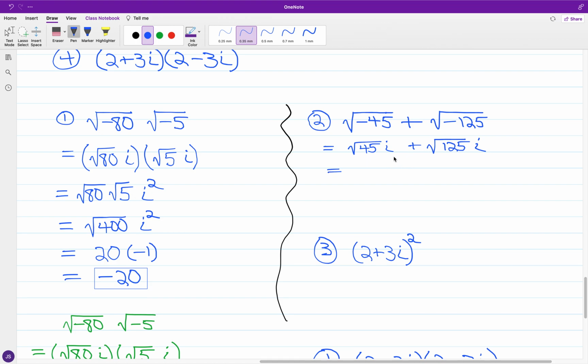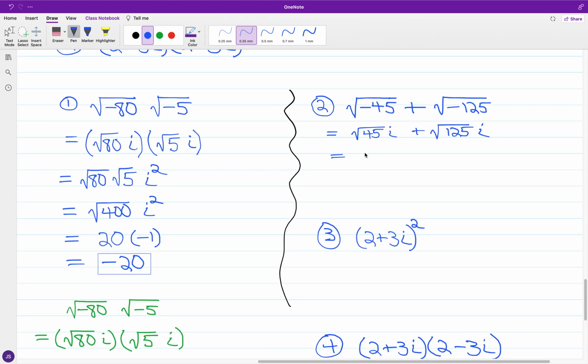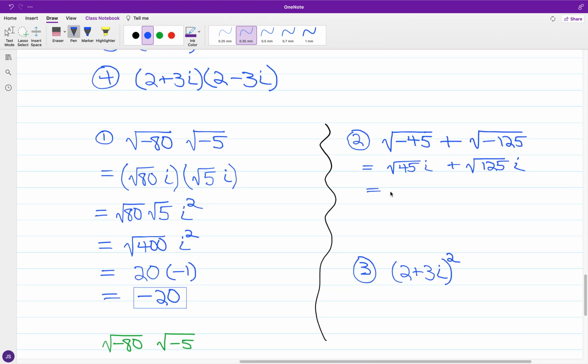But adding them together would be possible, we just have to reframe this by expressing it in terms of reduced radical terms. Now for 45, 45 is not a perfect square, but of the perfect squares that will go into 45, the highest is going to be 9.